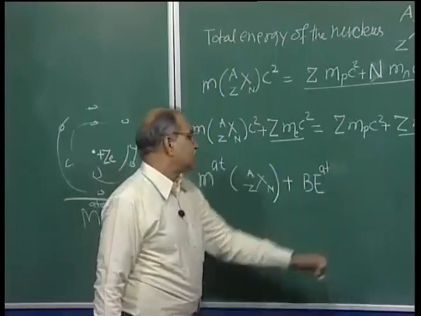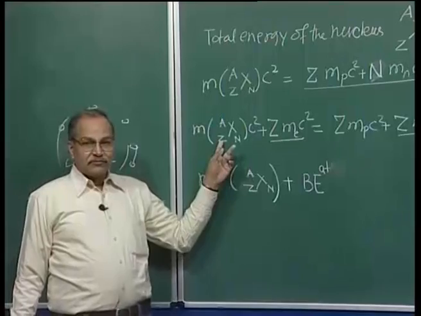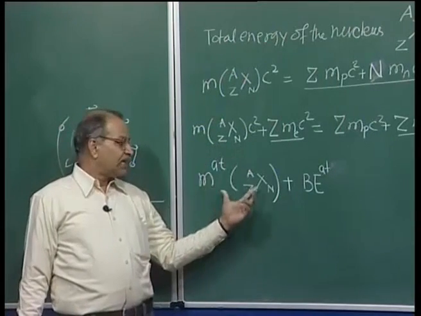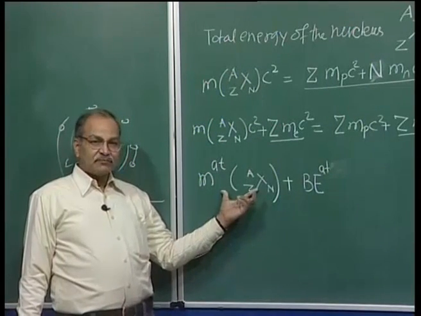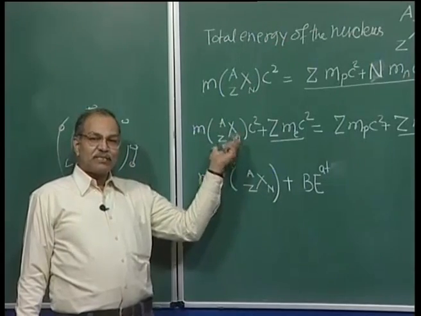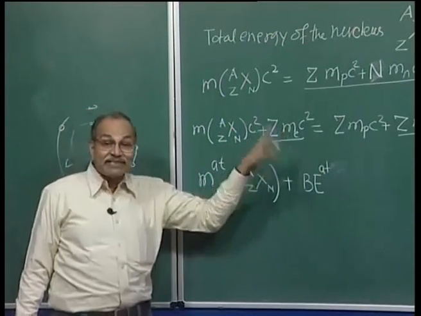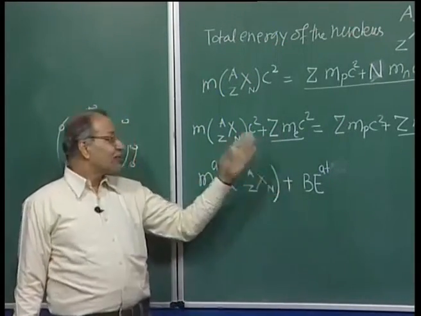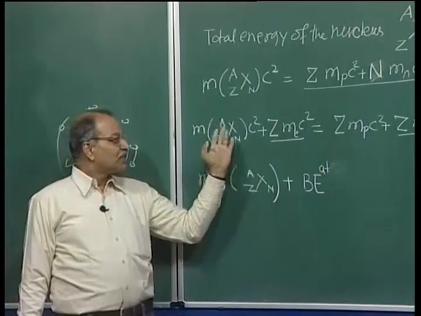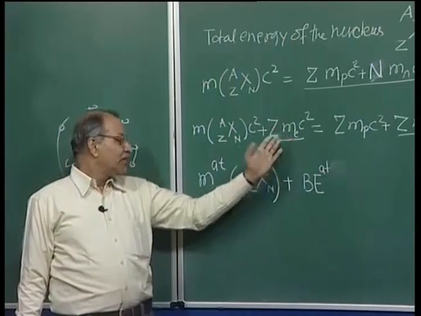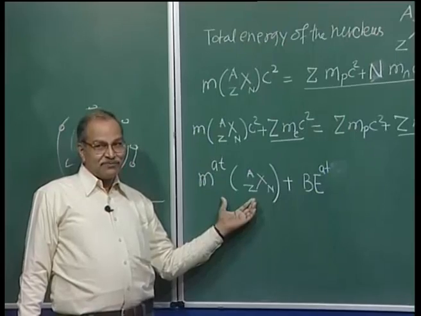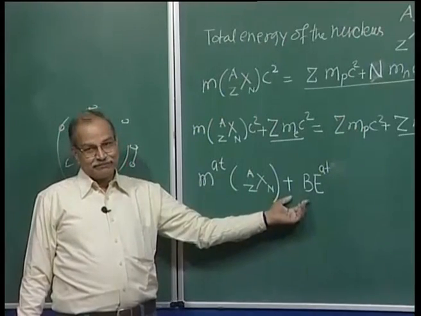Understand that? The mass of the atom should be the mass of the nucleus plus the mass of the electrons minus the binding energy. Therefore, the mass of the nucleus plus the mass of the electrons will become the mass of the atom plus binding energy.